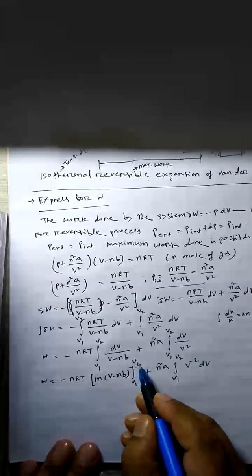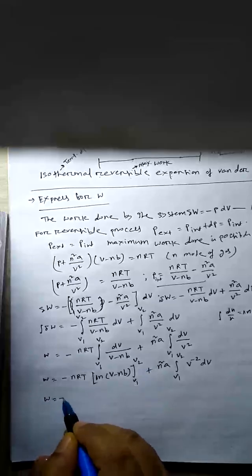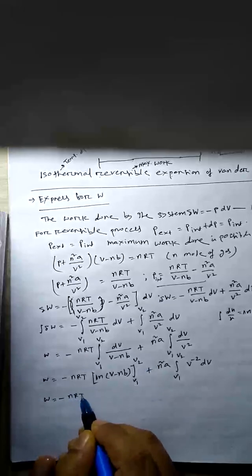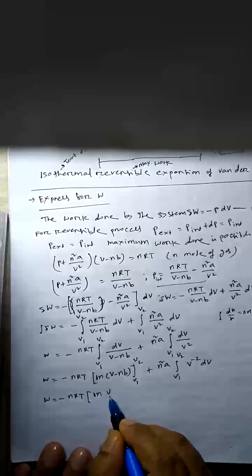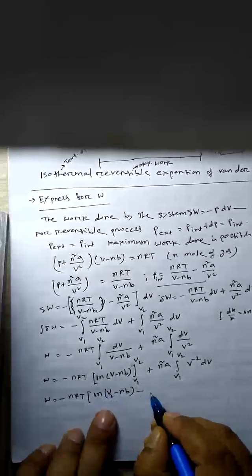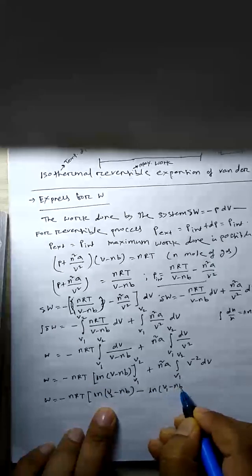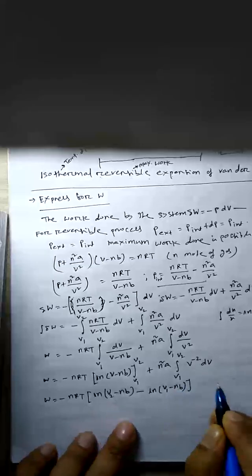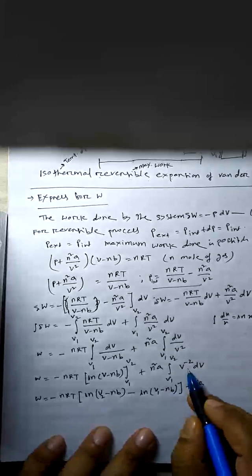Now you put first upper limit, then lower limit, then W is equal to minus nRT whole bracket ln first upper limit V2 minus nB, then minus lower limit ln V1 minus nB whole bracket, plus n square A.